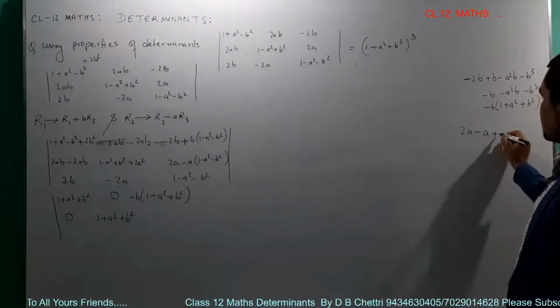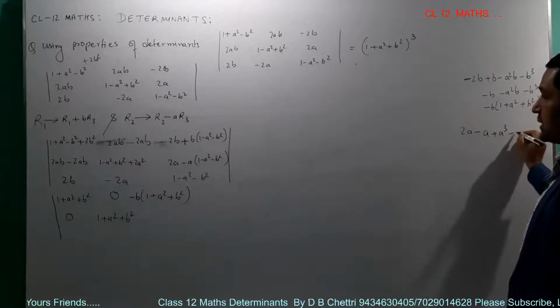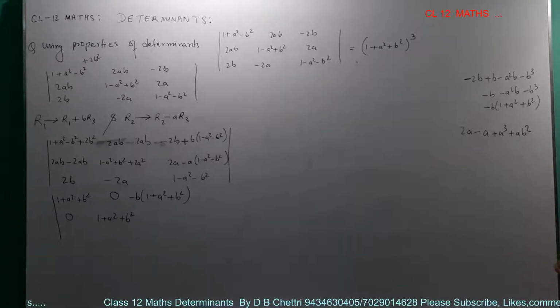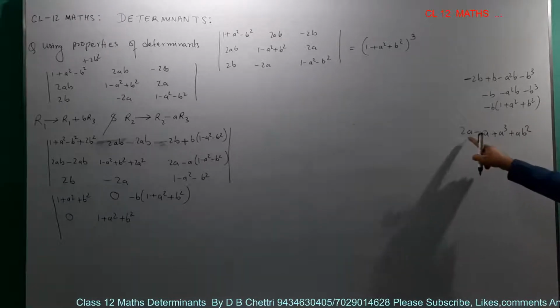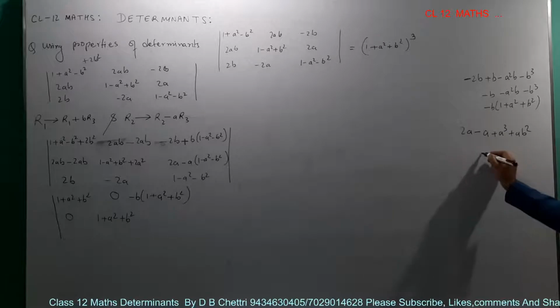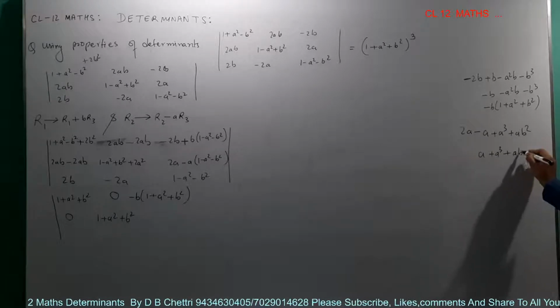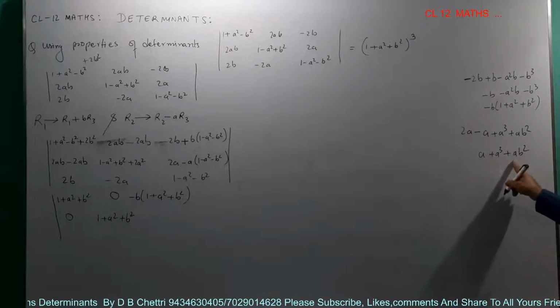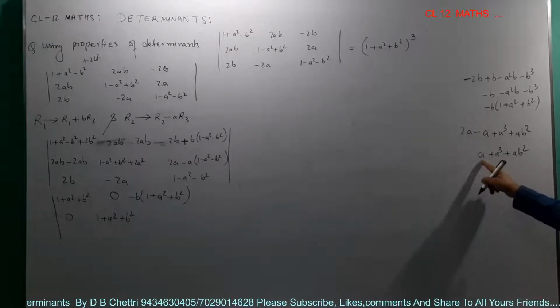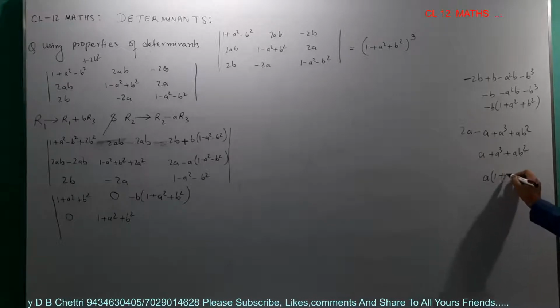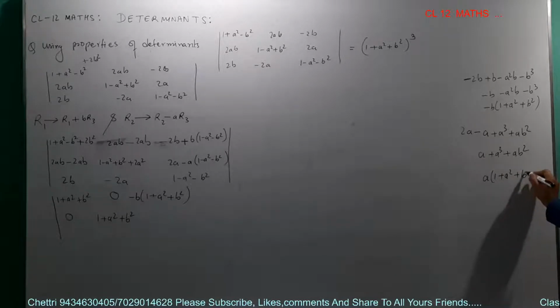Minus a, minus minus plus a cube, minus minus plus a b square. Okay, now these two are like terms. What is their difference? A plus a cube plus a b square. Is anything common from here? Yes, a. We can take a common from here: a, then 1 plus a square plus b square.